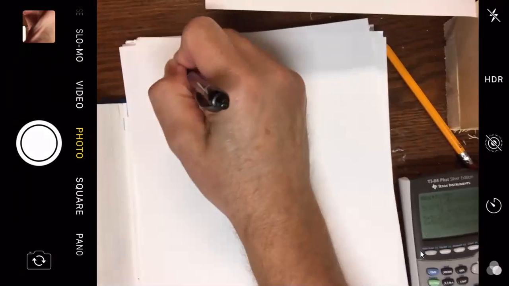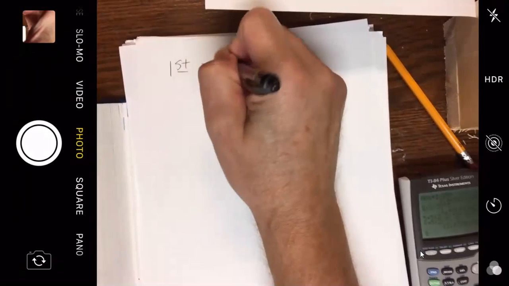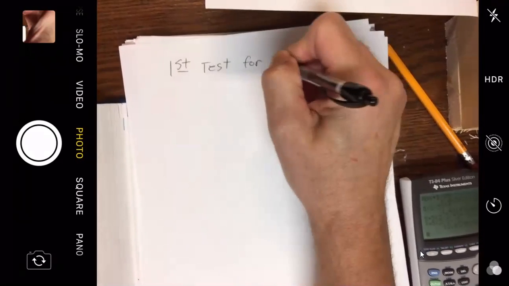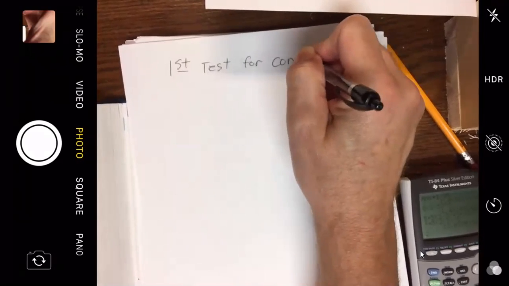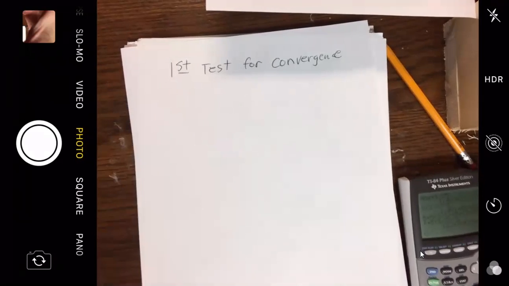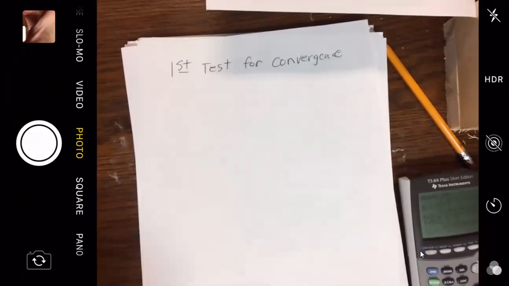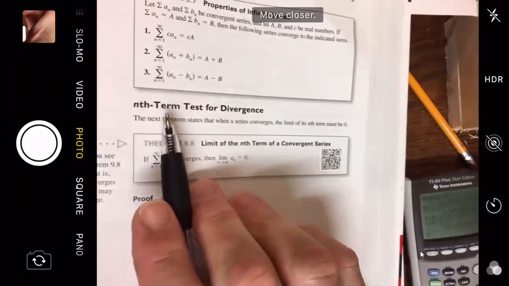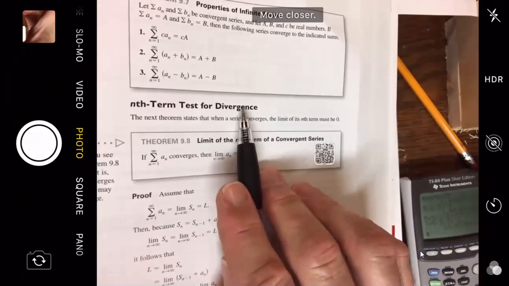Okay. It's our first test for convergence. It's actually a test for divergence. It's a very simple one. It's the nth term test for divergence.